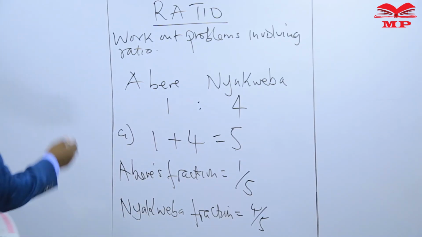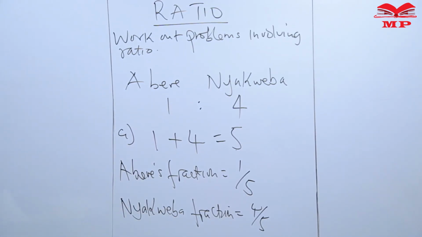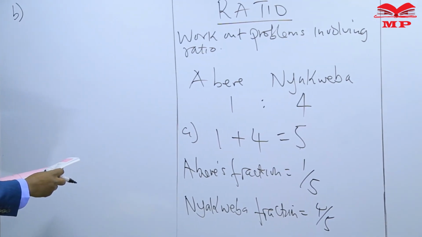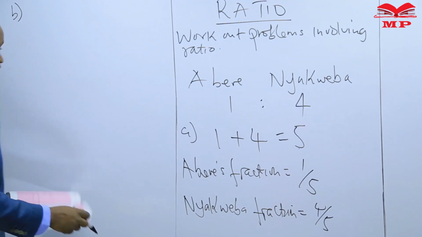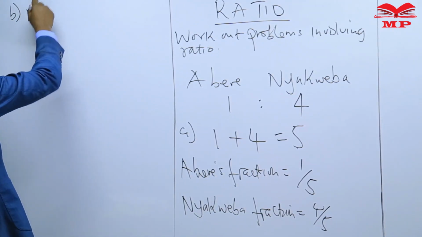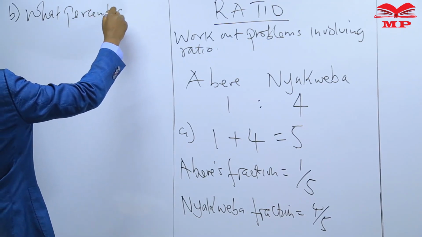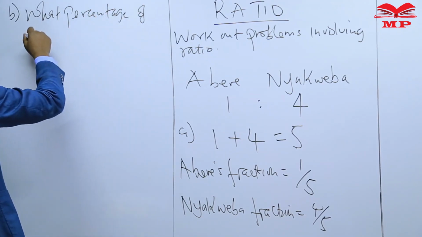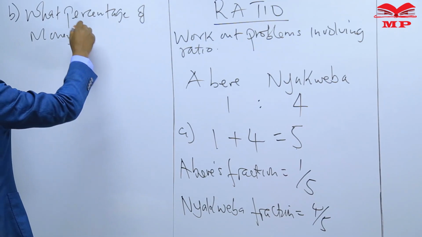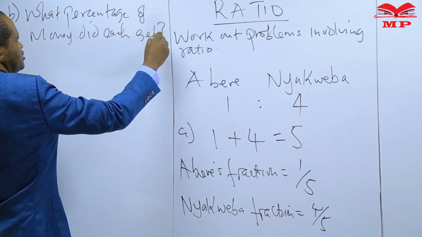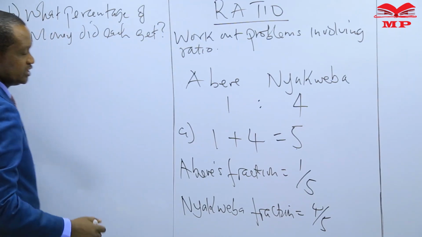Coming to part B, what percentage of the money did each get?